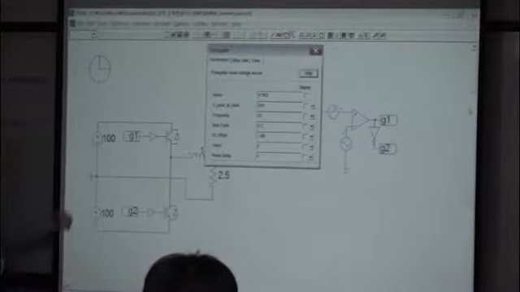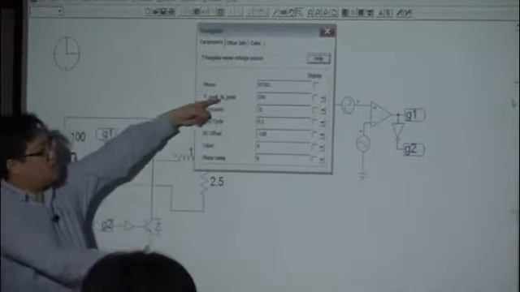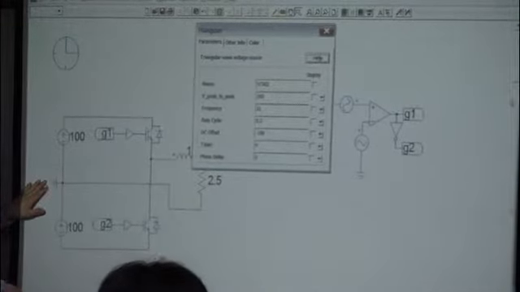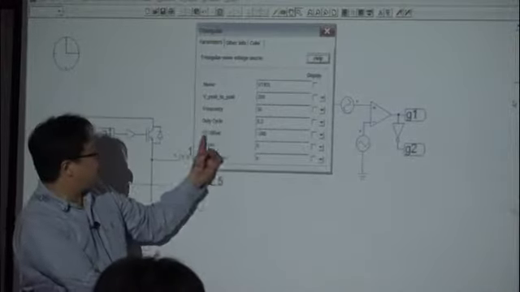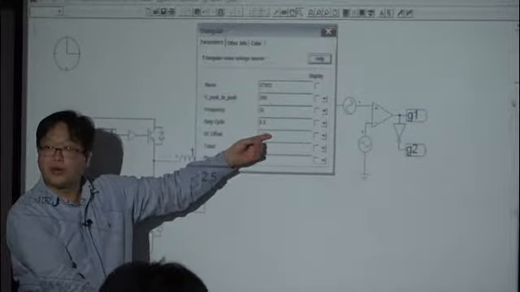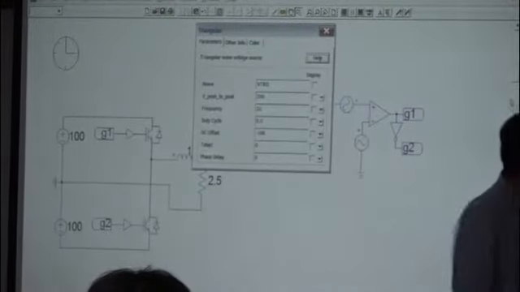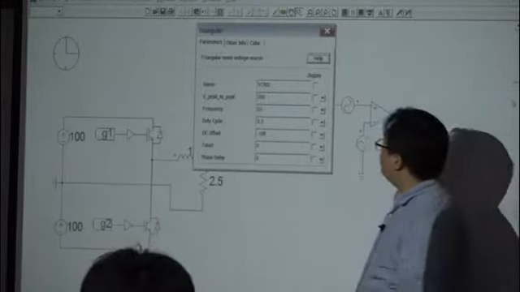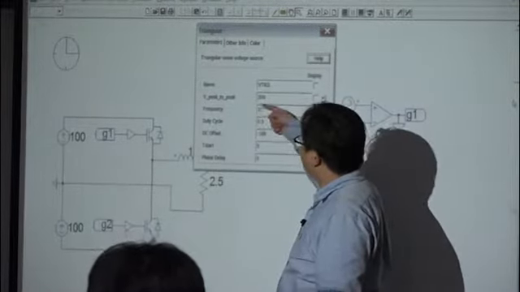Since you have entirely 200 volt, the peak to peak is 200. But this is a half-bridge inverter. Your ground is here. So you should have a DC offset of minus 100 volt, right? Then you can create a 100 volt and minus 100 volt carrier here. And the carrier frequency is 1 kilohertz.